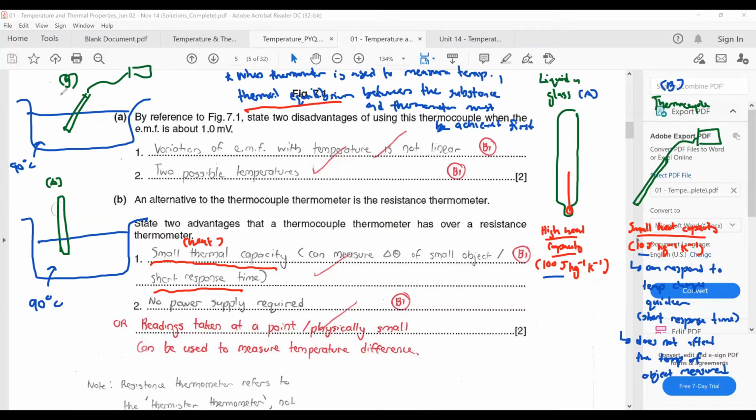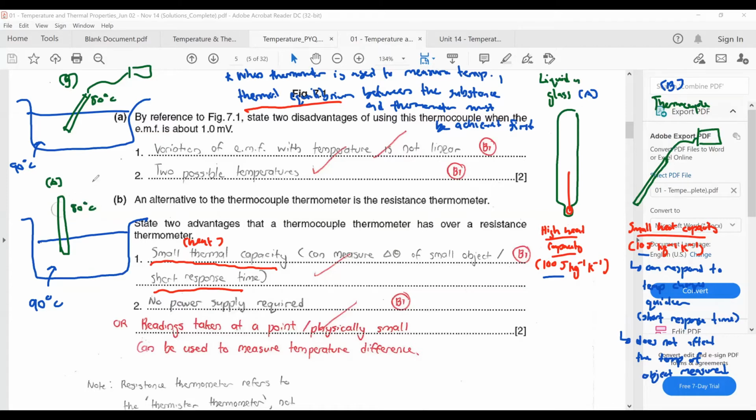You see, for example, say my thermocouple thermometer is 80 degrees centigrade.